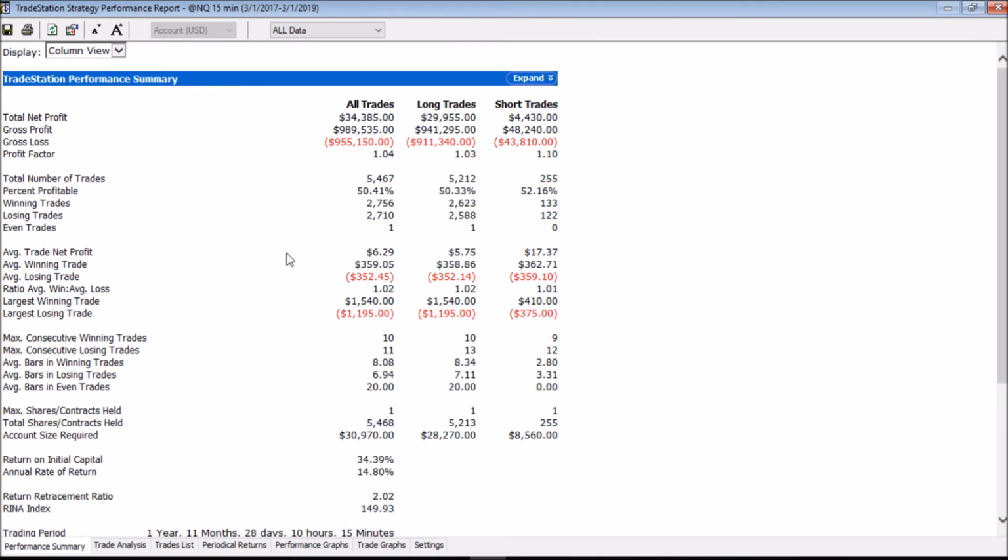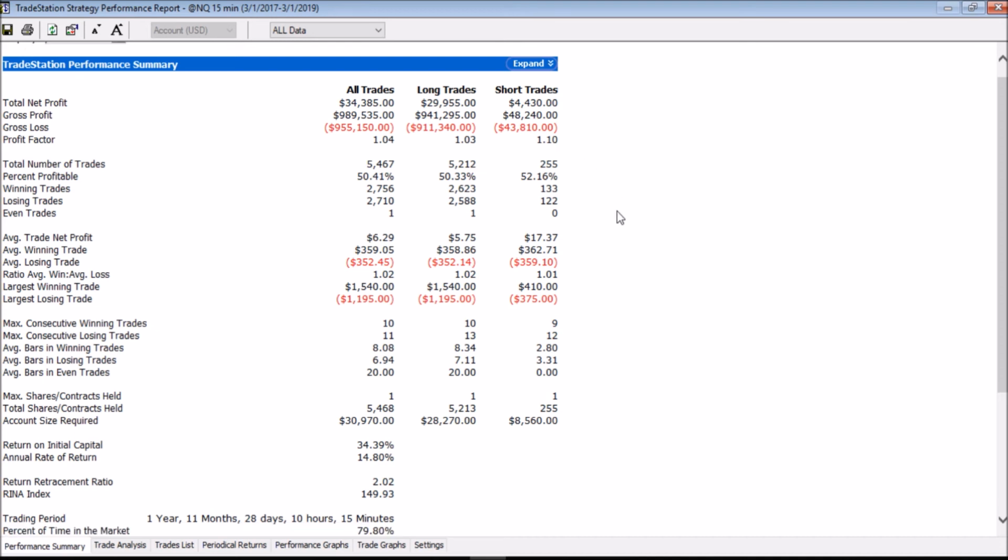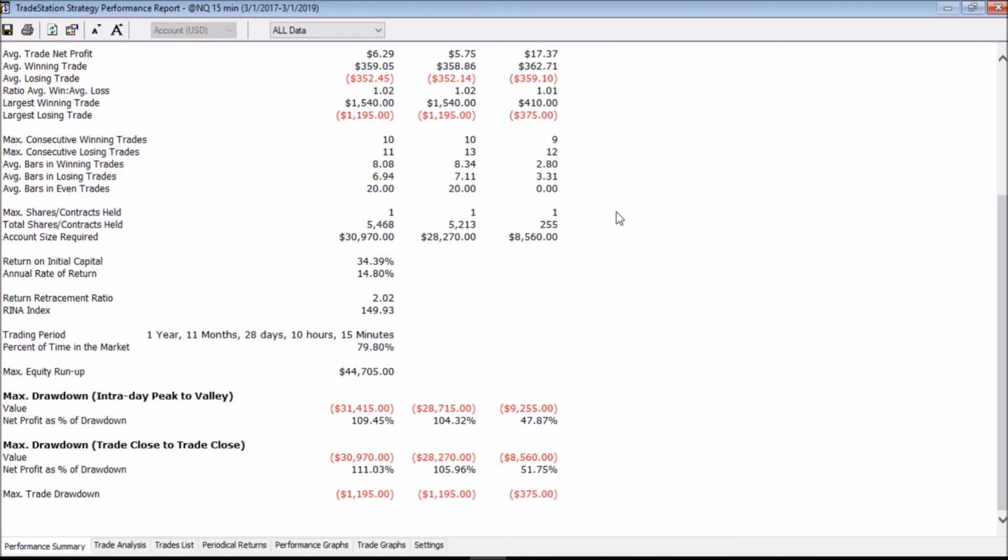Here it tells you the program on the short trades does 52.6% profitable trades on a 1.1 profit factor. And so it's a profitable system. It's a profitable algorithm. This is the automated.